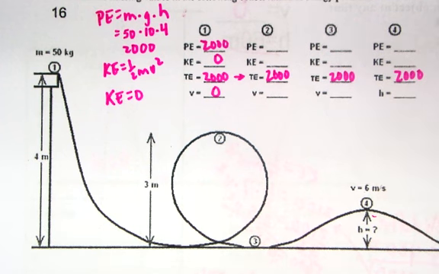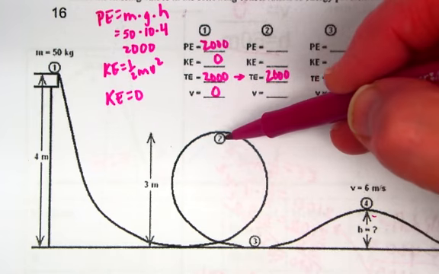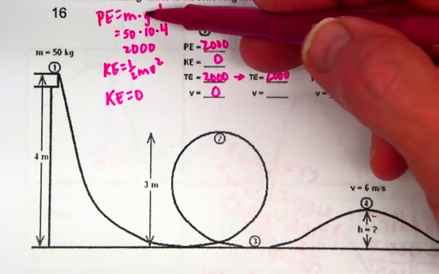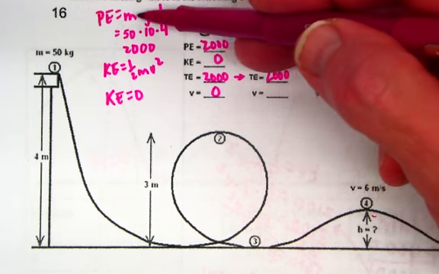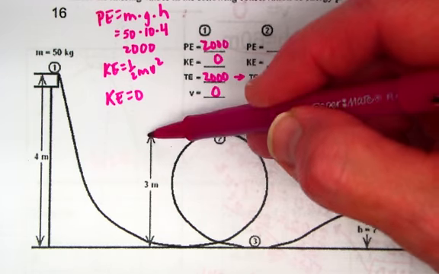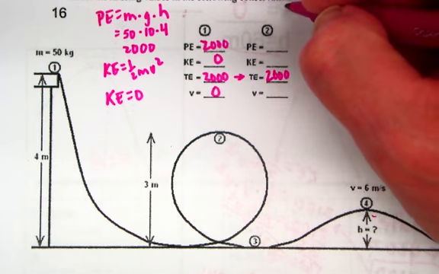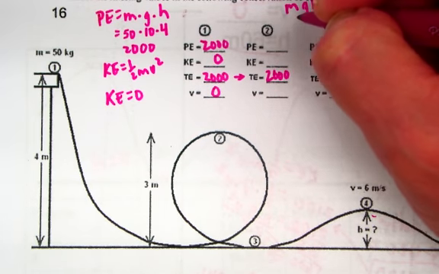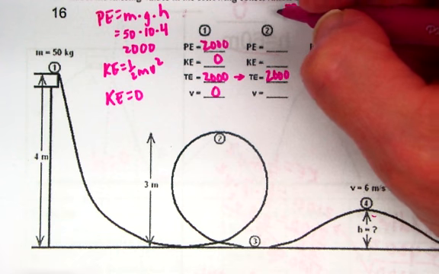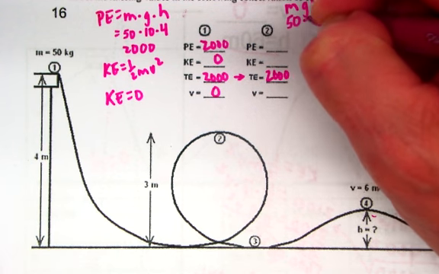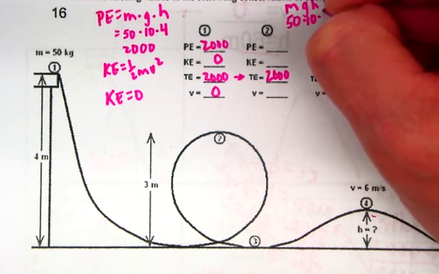The next thing I can realize is I know at position 2, I can solve it exactly the same way I did earlier. If I know the potential energy, now it's only 3 meters tall, then my m times my g times my h. My mass is 50, my g is 10, but my height is now only 3 meters.